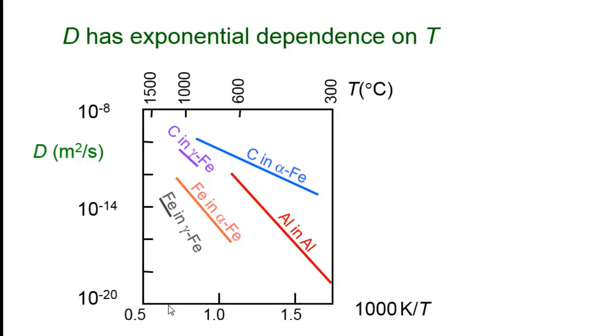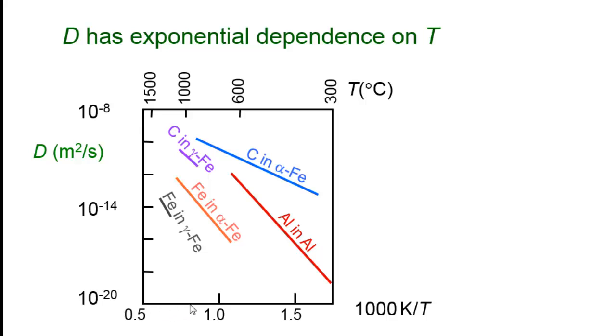So of course, for 1500, this would actually be adding 273, about 1773 kelvins, and 1000 divided by that will be a little more than a half.